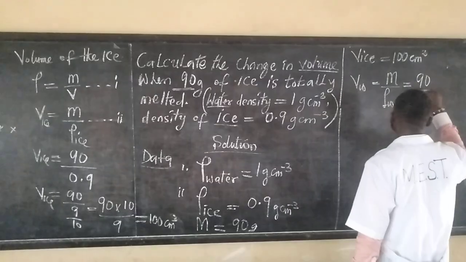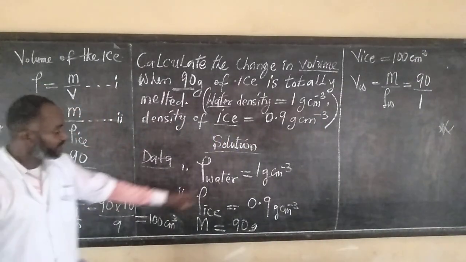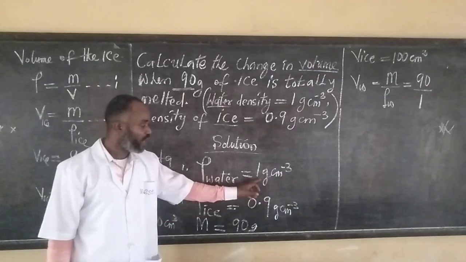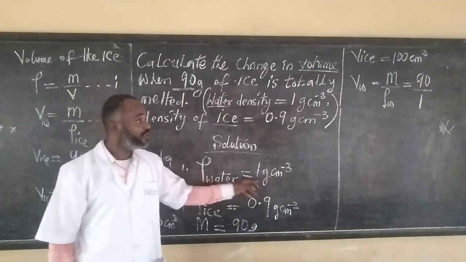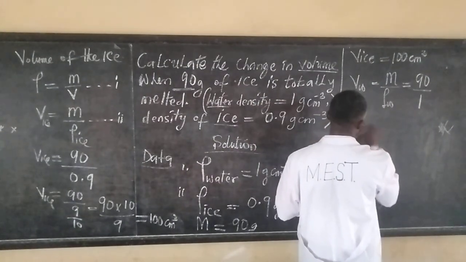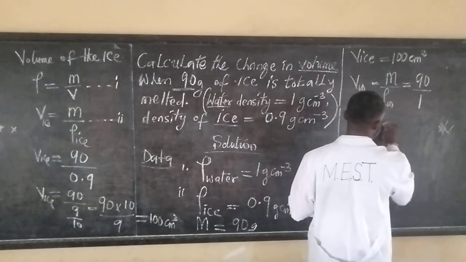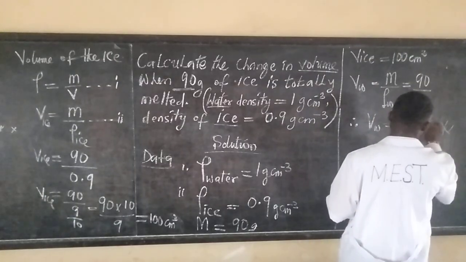Density of water is simply 1 gram per centimeter cube. Therefore, VW, volume of water, is equal to 90 cm cube.